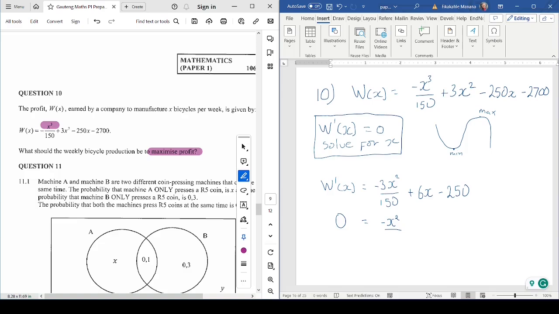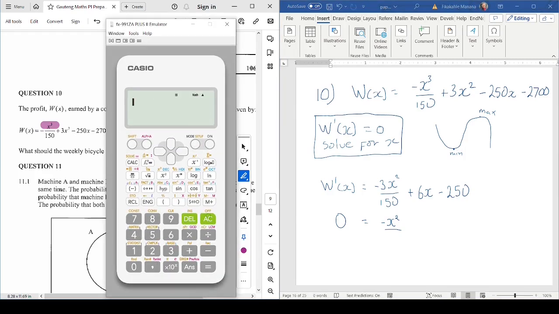I can put that in a calculator. So I'm gonna say 150 divided by 3, that's gonna be 50. Okay, I'm just simplifying this, plus 6x minus 250. Right, so all I did was equate this.